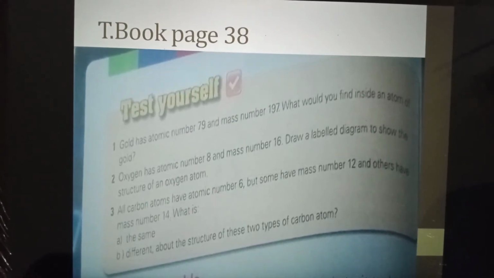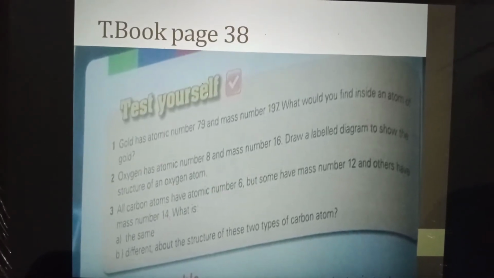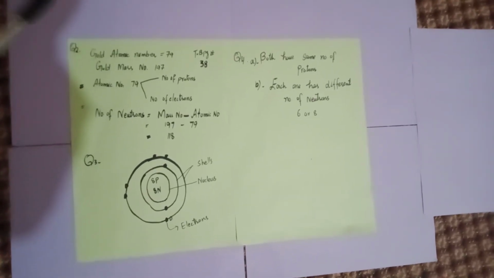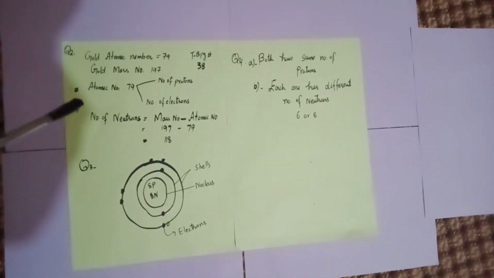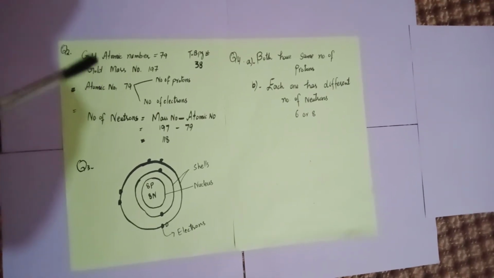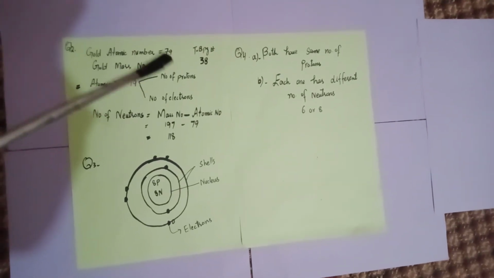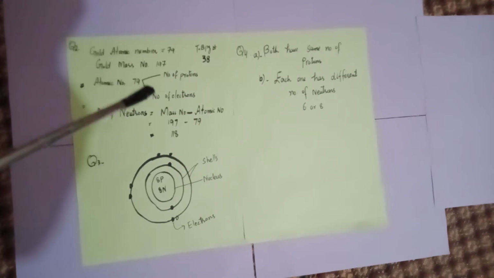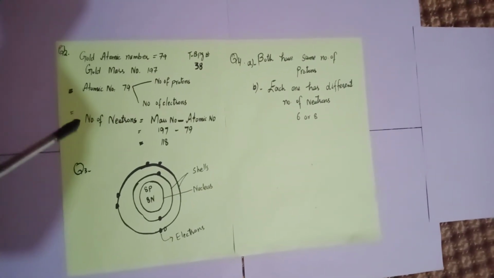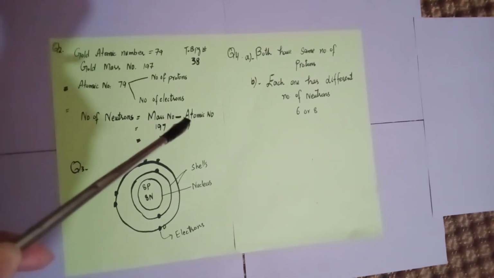Gold has atomic number 79 and mass number 197. What would you find inside an atom of gold? So atomic number means there are 79 protons. The number of neutrons would be mass number minus atomic number.